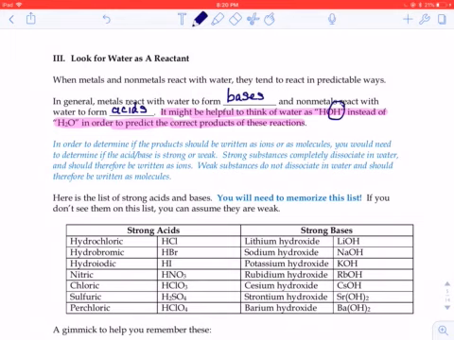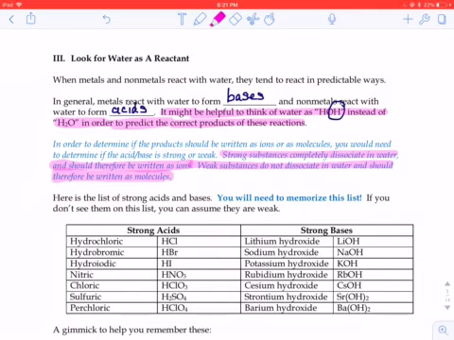You might remember hearing the terms from sophomore year, if an acid or base is strong or weak. When you hear strong acid or base, it means they completely dissociate in water. And because they dissociate, they break up in water, they should be written as ions. Weak substances, when you hear that term, it means they do not dissociate in water. They don't break up, and so therefore you write them as molecules.